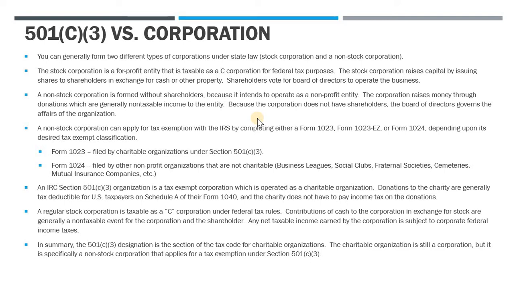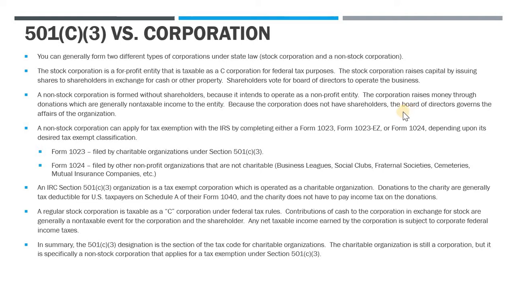Now, because the corporation does not have any shareholders, the board of directors governs the affairs of the organization, right? So the board of directors has exclusive authority to hire individuals and run the entity, because again, there's no shareholders to answer to. So the board members are appointed when the non-stock corporation is initially created.